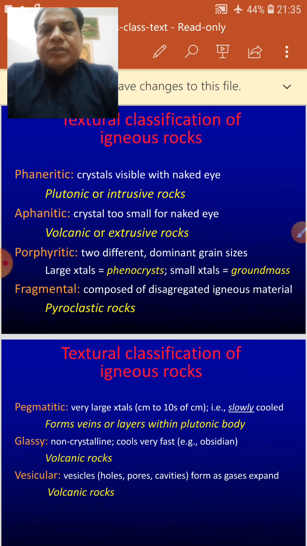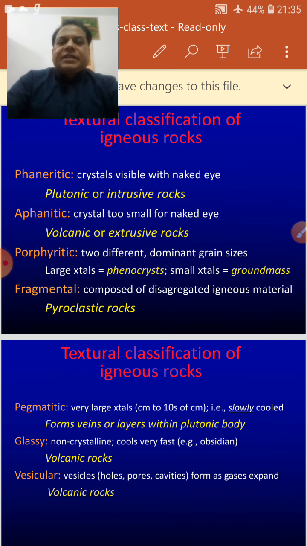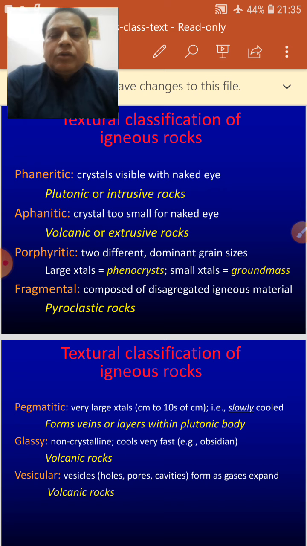The textural terms, because we are focused today in this class on the textural terms, are phaneritic, aphanitic, porphyritic, fragmental, pegmatitic, glassy and vesicular. Once again, I repeat, phaneritic: in general we call this category of igneous rocks phanerites, in which the rocks are in a crystalline state and those crystals can be seen, can be identified with naked eyes.